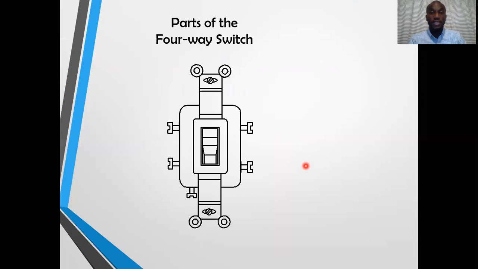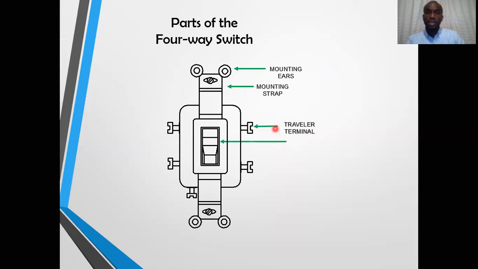From basically looking at this, it reminds you of the double pole switch, but we will see the difference between the four-way switch, the three-way switch, and the double pole switch. So as we can see, the common parts: the mounting ears, the mounting strap, traveler terminals, and a key feature is that on the toggle, there is no on or off designation.